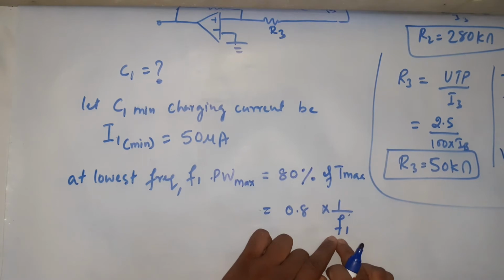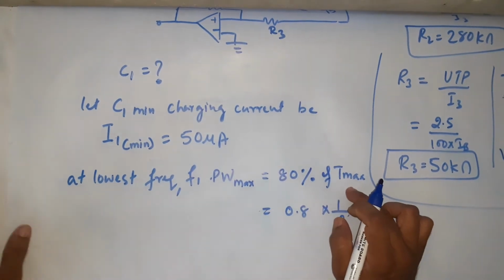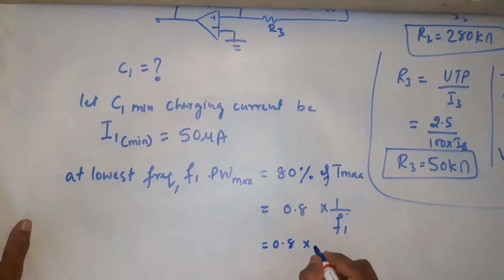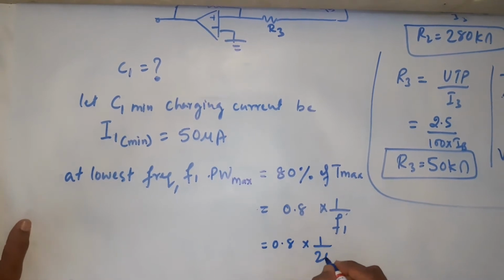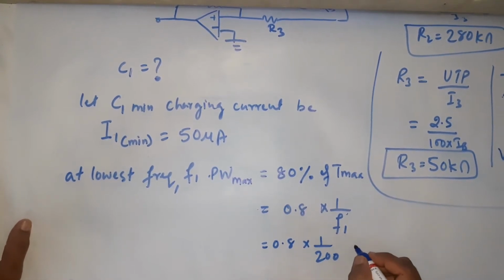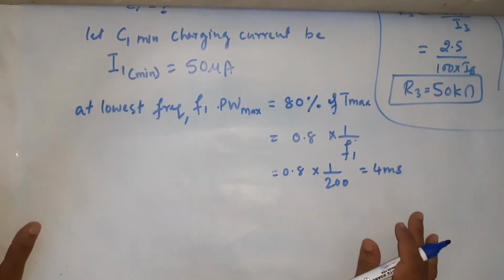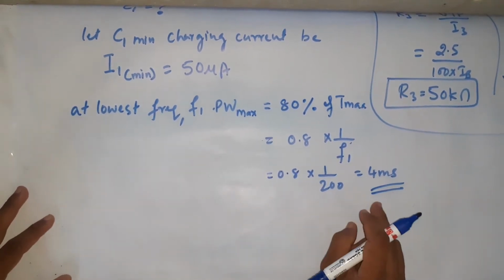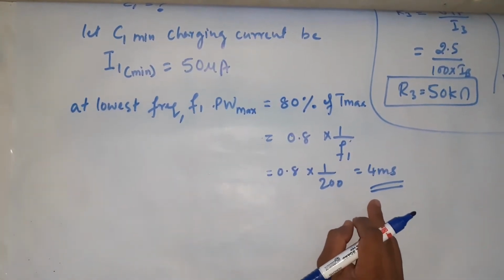To get minimum frequency, time period will be maximum, isn't it? So this is your 0.8 into 1 over 200 hertz. This will give you 4 millisecond. Pulse width maximum is 4 millisecond.